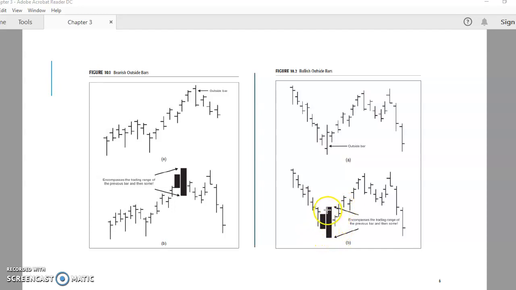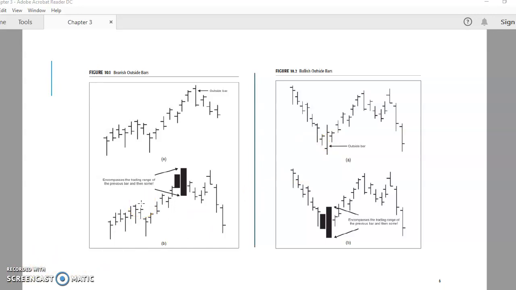The confirmation of the reversal is when the change in price in the latest day is higher compared to the previous day.